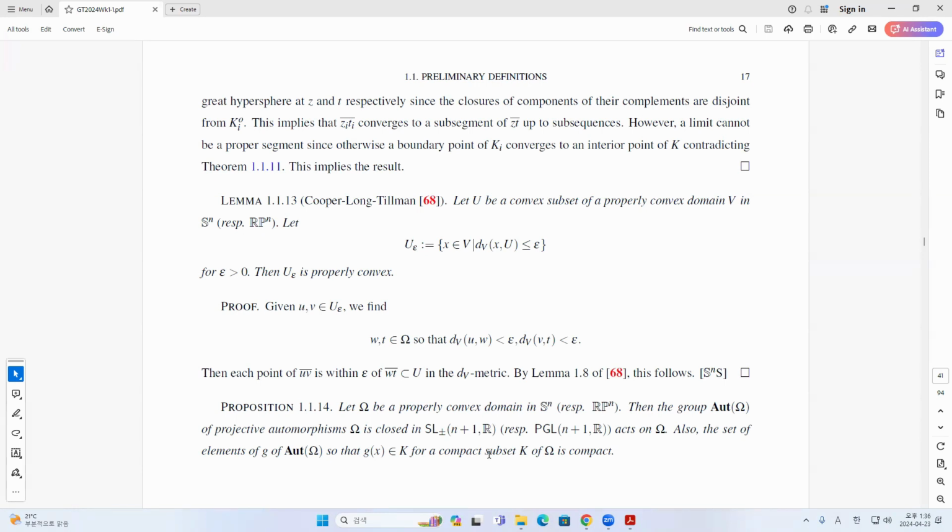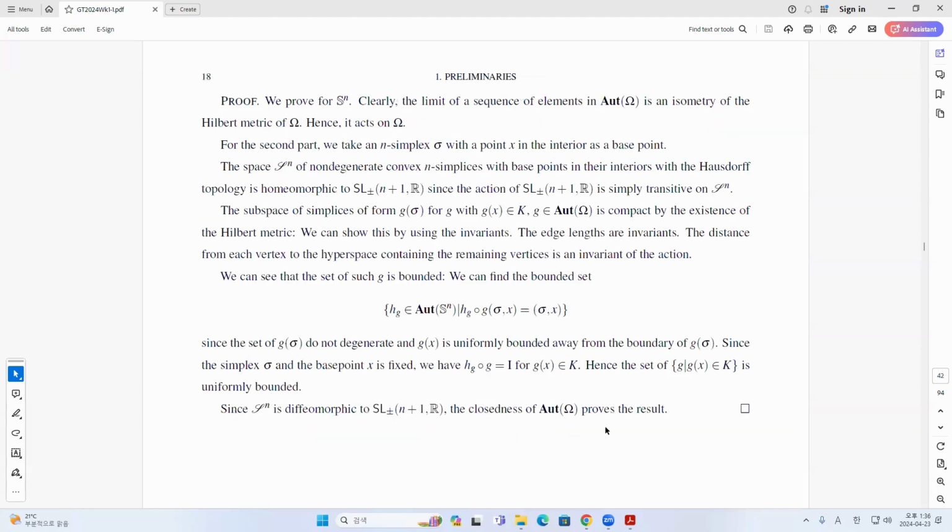And the set of elements sending some compact set to images in some compact subset of omega is also compact. For this argument you'll have to do some geometric work with simplices and so on.